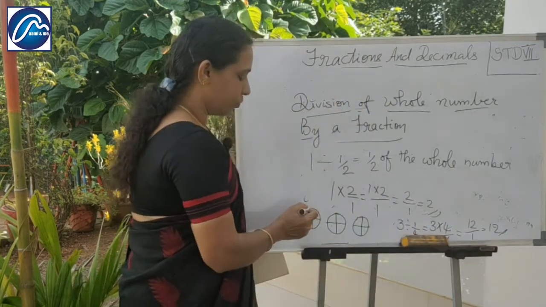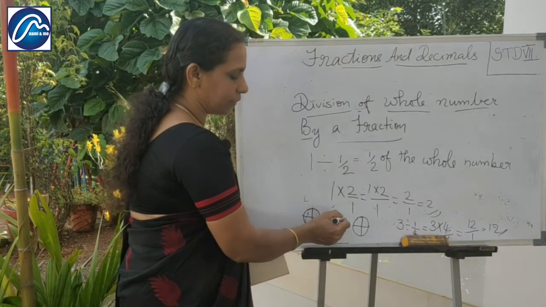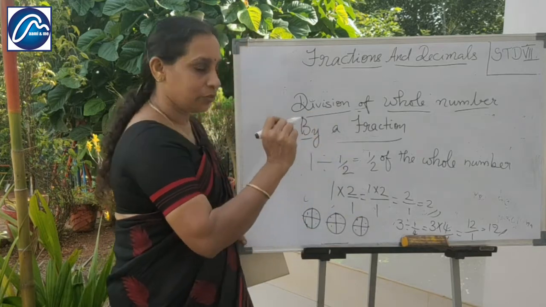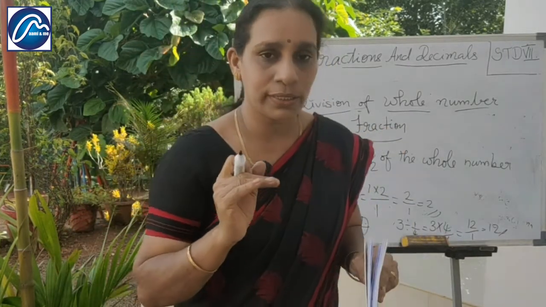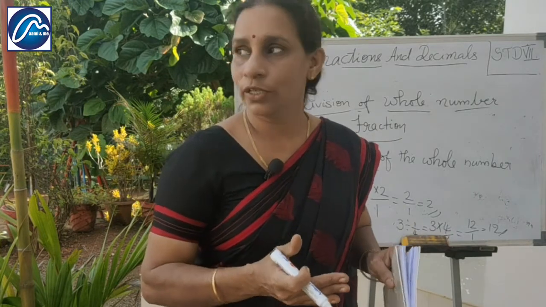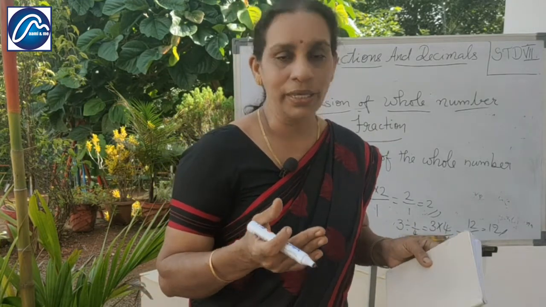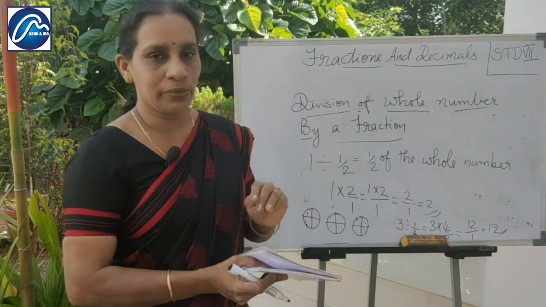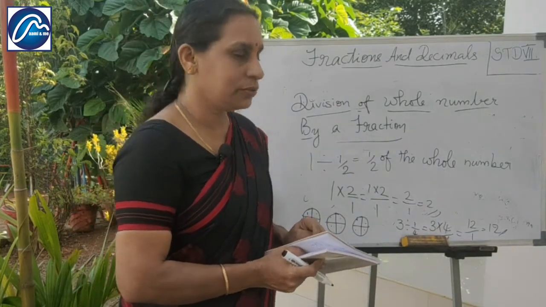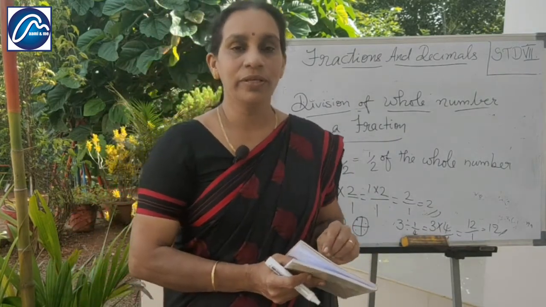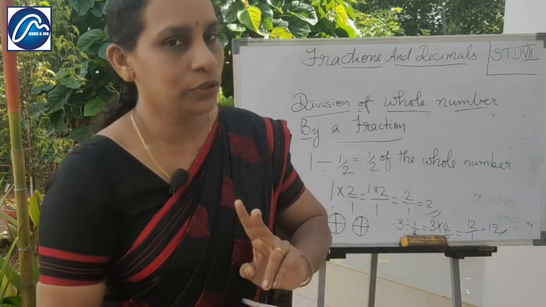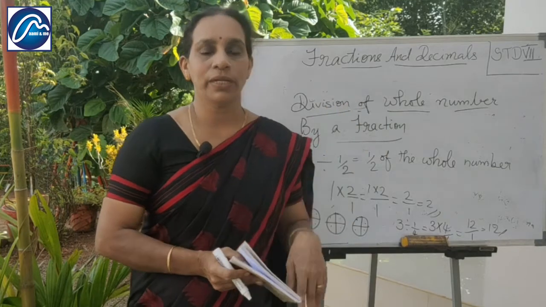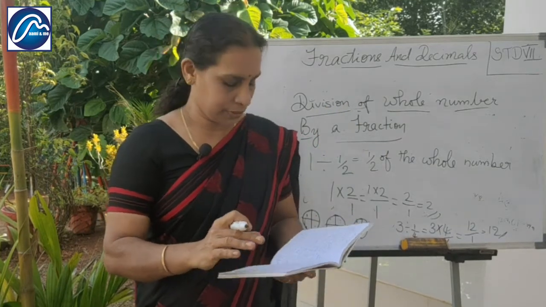Look here: 1, 2, 3, 4, 5, 6, 7, 8, 9, 10, 11, 12. If 3 is divided into 1/4 pieces, how many will be there? There will be 12. Clear ആയോ? When dividing by a fraction, you take the reciprocal and multiply, multiplying the numerators. Okay, so that is it.